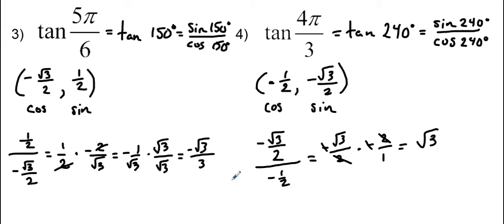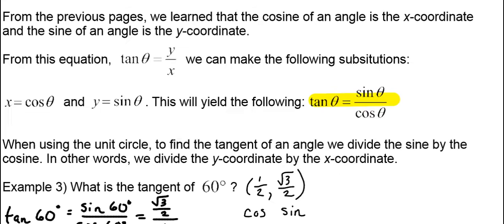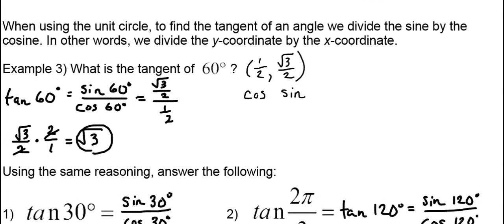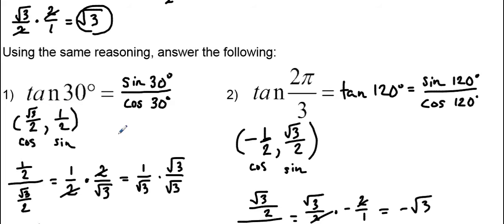Now, let's take a look at the pattern that I was talking about. We've pretty much only gotten 2 numerical answers, either radical 3 or radical 3 over 3. So let's see when we got radical 3 over 3. Let's go back. We got radical 3 over 3 for the tangent of 30 degrees.